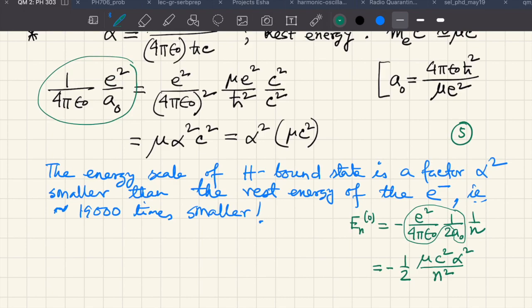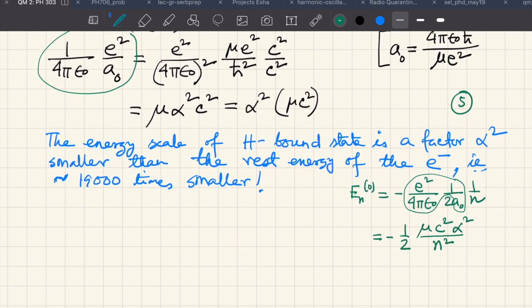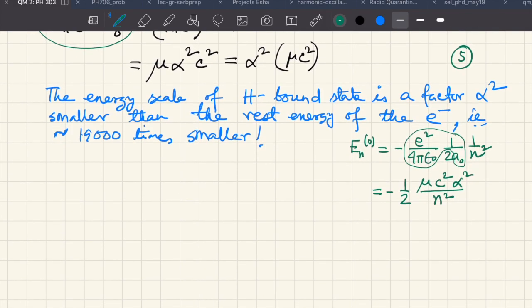So we have got this expression. There was 1 by n square, so this is wrong. Yeah, so this is therefore nothing but minus half alpha square mu c square.